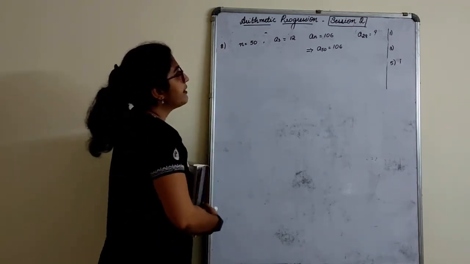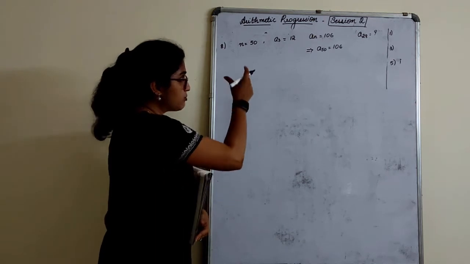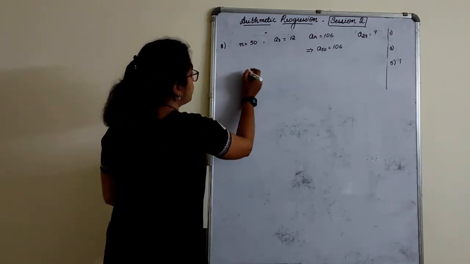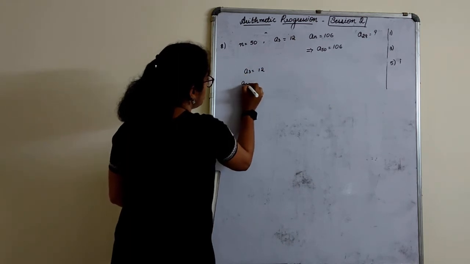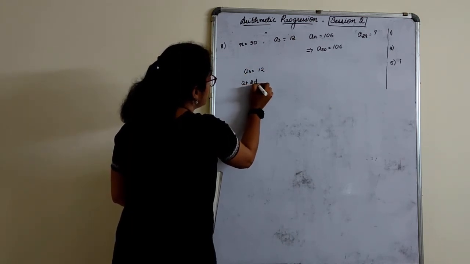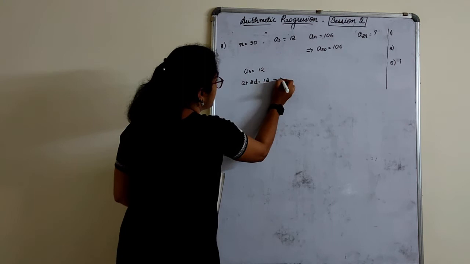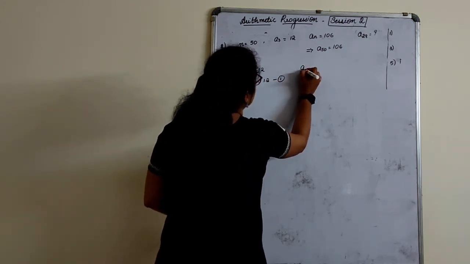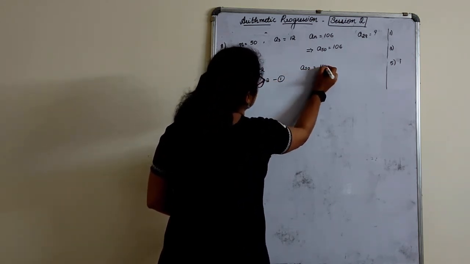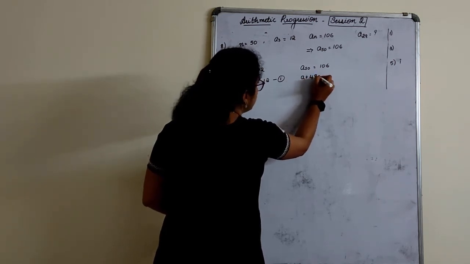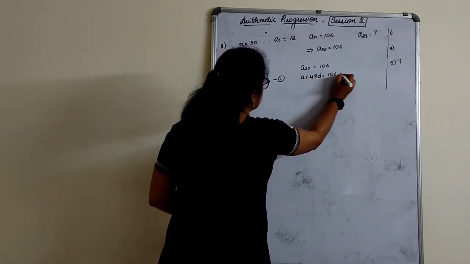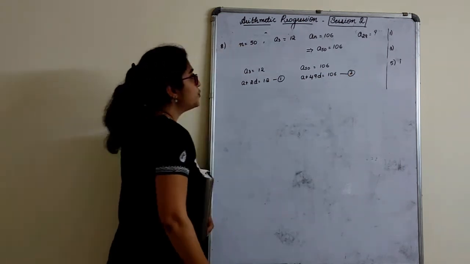So I will give you this as homework now. I will just write the equations and tell you what you have to do. A3 is equal to 12. A plus 2D is equal to 12, equation 1, and A50 is equal to 106. A plus 49D is equal to 106, equation 2. What you have to do further?